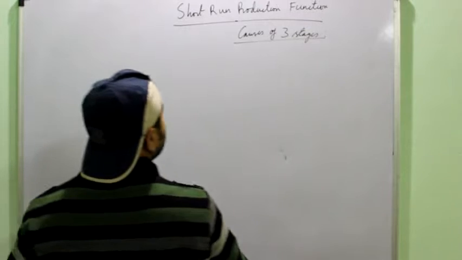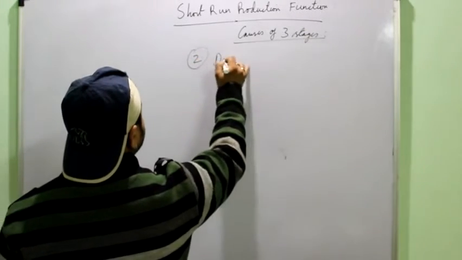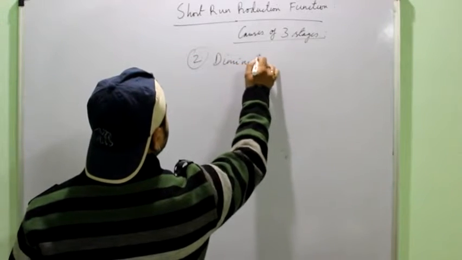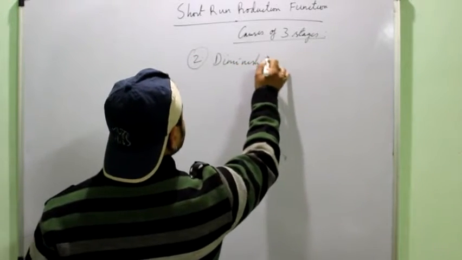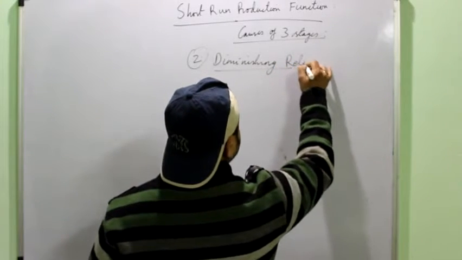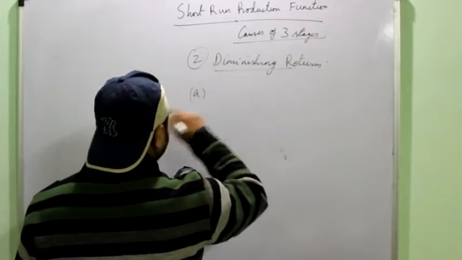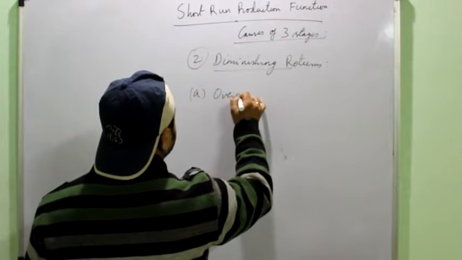Okay, now we move on to the causes of the second stage, that is the diminishing returns. Now the causes would be negative. First of all is the overpressure on the fixed factor.